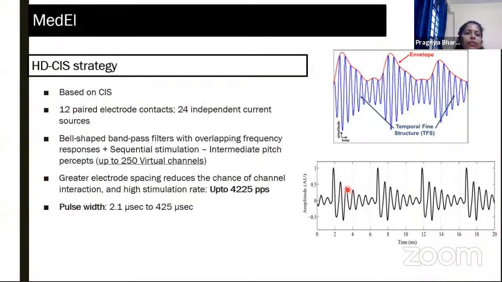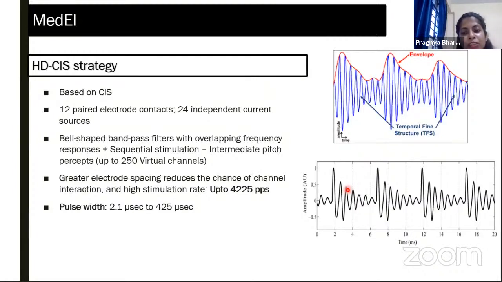So these are the speech coding strategies which are employed by the manufacturers these days. I could not get much information on the Digisonic processors. I did try to search the literature, but I did not get any ideas, and I'm hoping I can get inputs from more experienced professionals over here. For us as professionals, it's a little hard to say which processing strategy is better than the other.